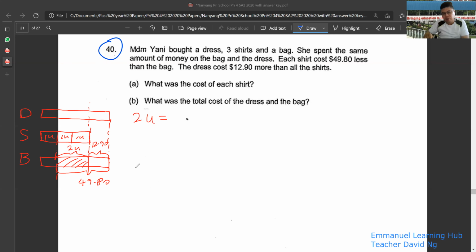From the model, you can tell, very obvious. The shaded part equals to what? 49.80 minus 12.90. Yes, correct. I'm so glad you managed to see that.